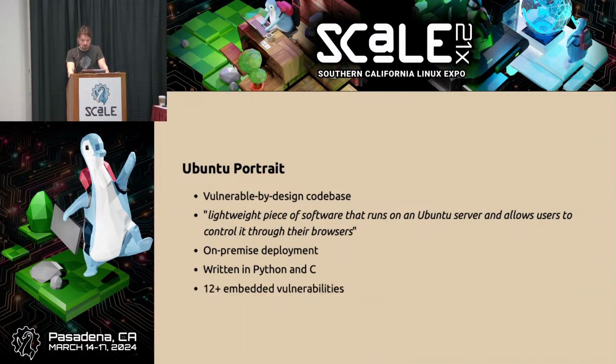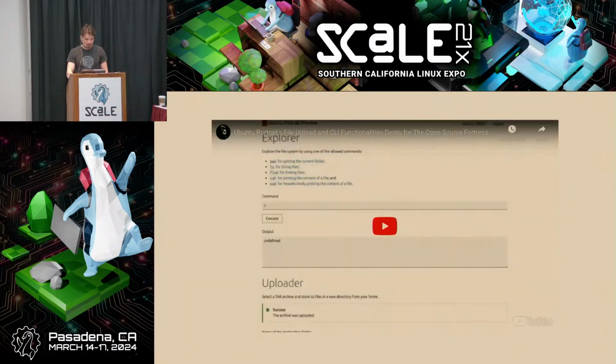There are 12 plus embedded vulnerabilities, and there is a plus there because the application depends on Python packages. As you know, vulnerabilities appear during the night, so maybe multiple vulnerabilities appeared in the meantime. Let me show you how this looks.